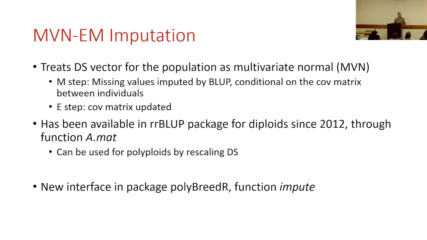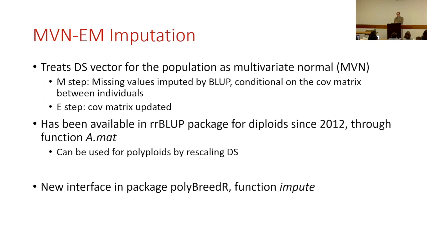So the normal distribution, you all know, is when you have a single number that is normally distributed. Now generalize that to a vector of more than one random variable, and that's what is called the multivariate normal distribution. And instead of having a single variance parameter, it has a variance-covariance matrix. It has all the variances plus the covariances of all those random variables. So the dimensionality is however big your population is.